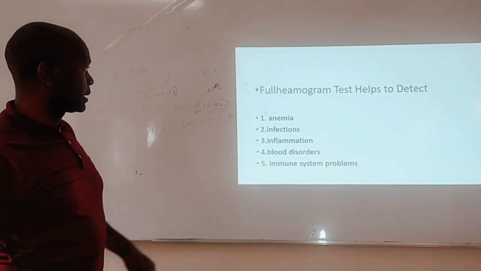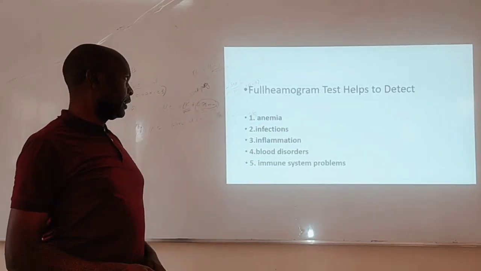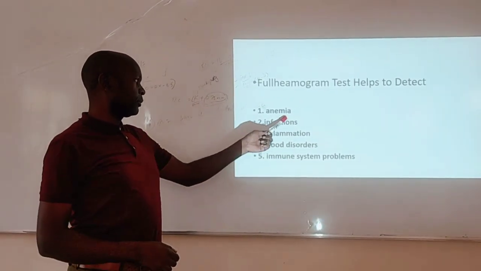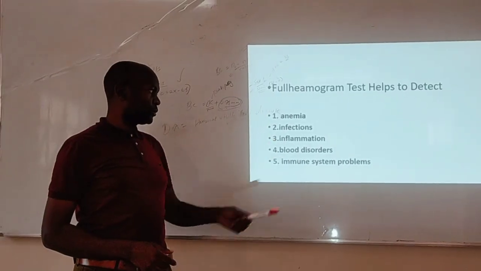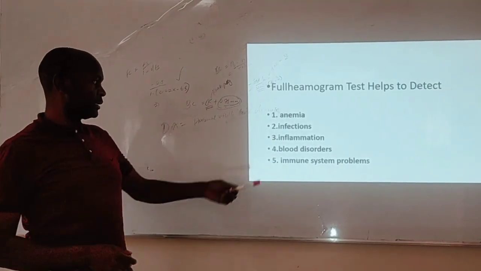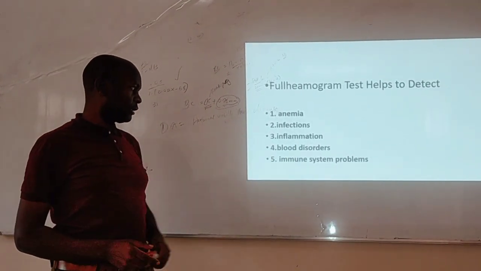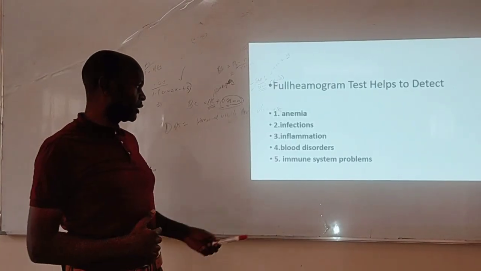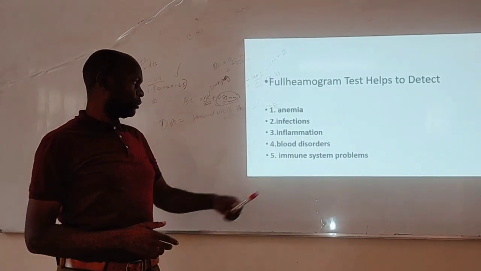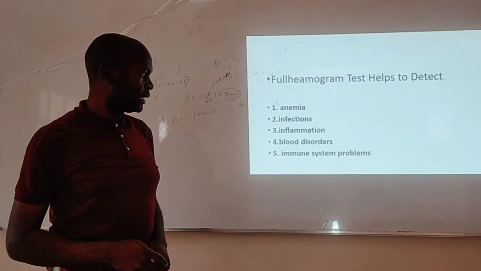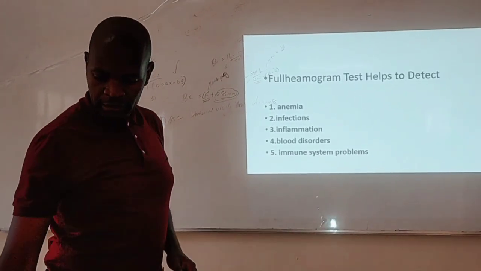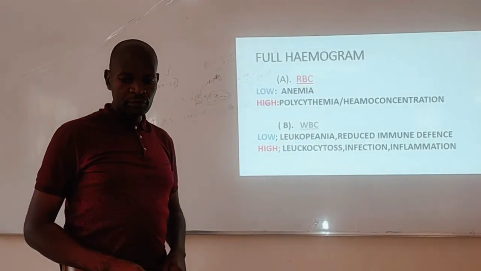So we can see here, generally a full hemogram will help you to diagnose anemia. It will help you to diagnose infections. It can also help you to detect inflammation. It can help you also to check for blood disorders, immune system problems, among other disorders.